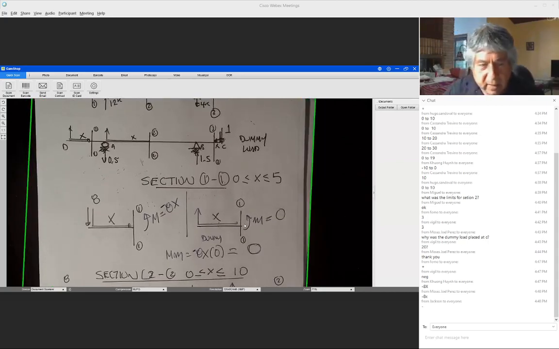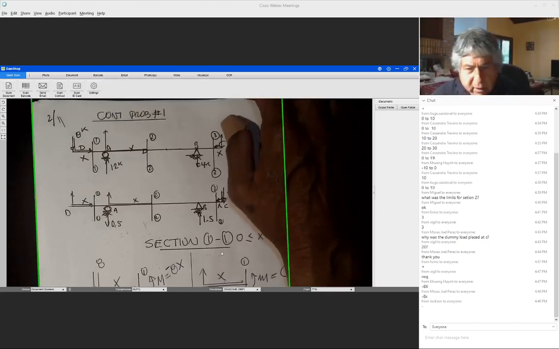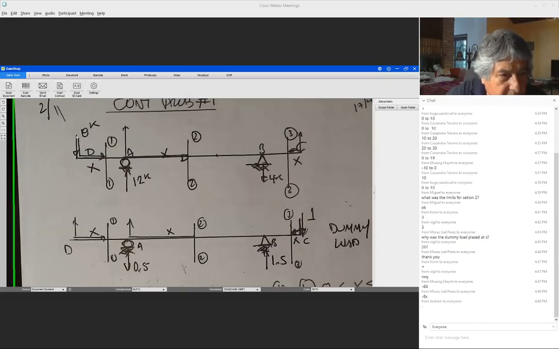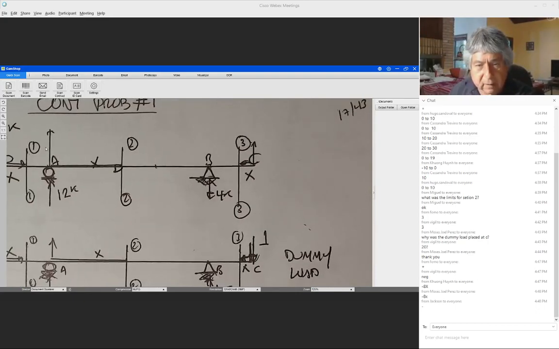That's why in here, section 1.1, we don't have to use it because now the moment is zero. Whenever you look at this section, we know that the moment is AX and there's no dummy moment, so this will kill this.